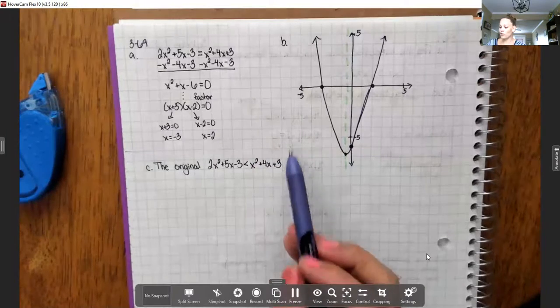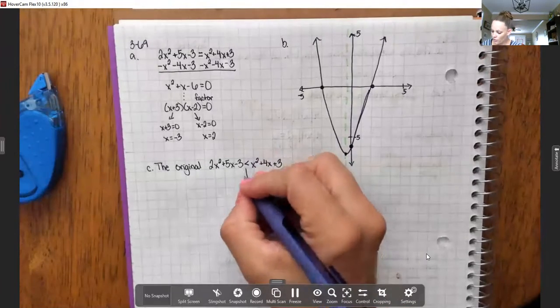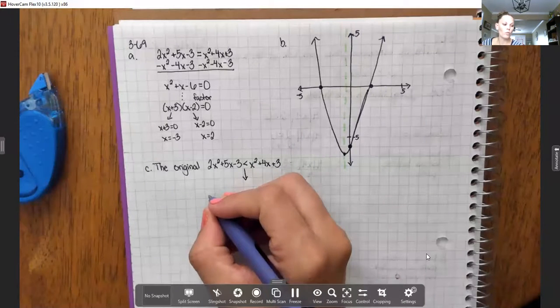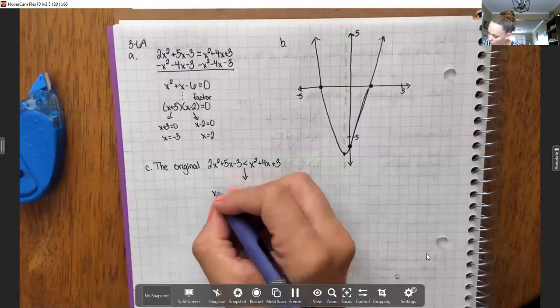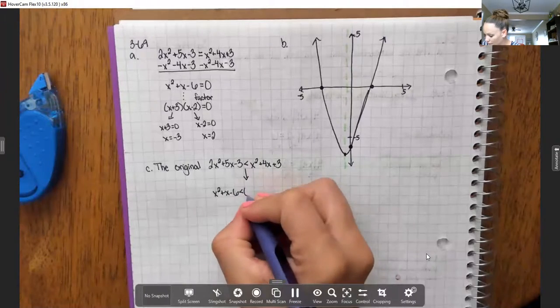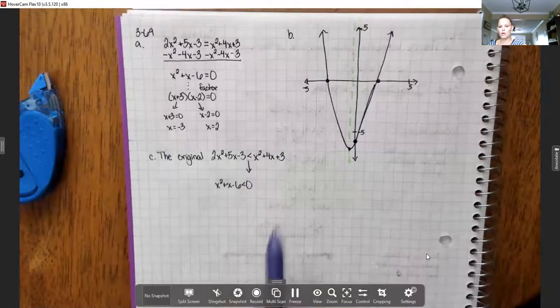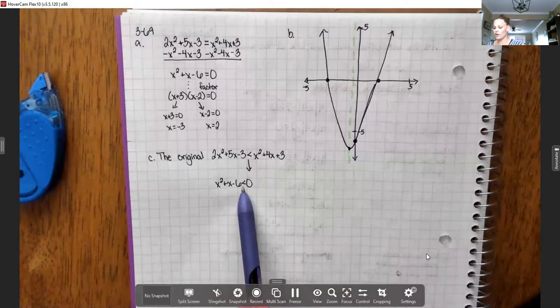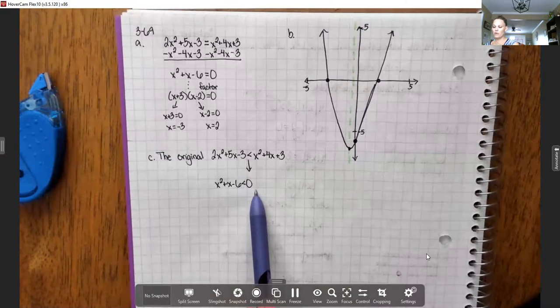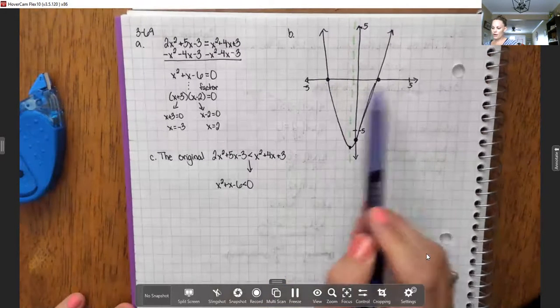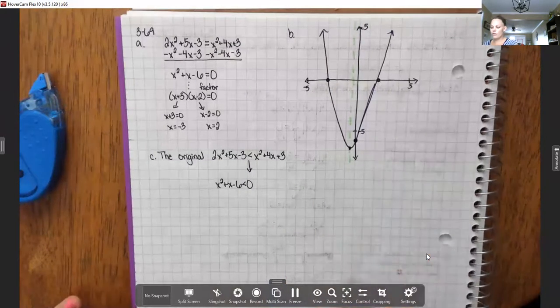So since we changed the equation, we were essentially looking for when is x squared plus x minus 6 less than 0. That's what we were looking for. It had the less than, that's what we changed it into. So we want to know, when is this parabola below 0? So it's everywhere from -3 to 2 that it's below 0.